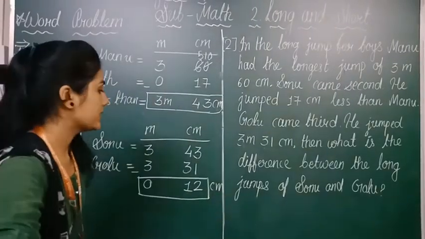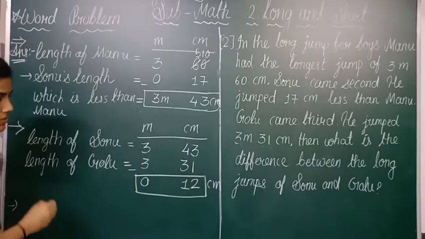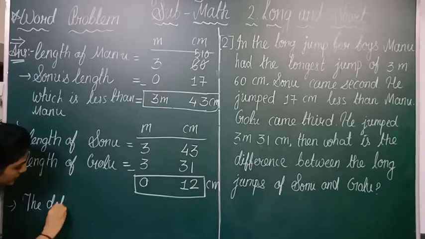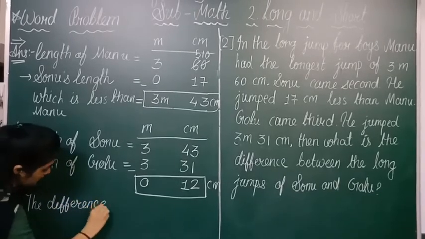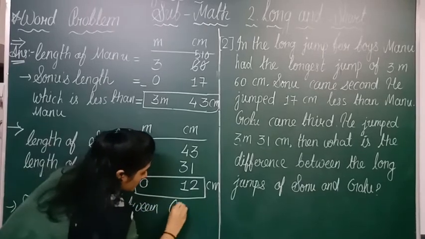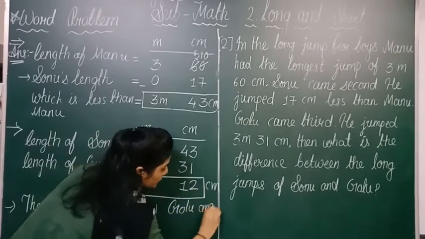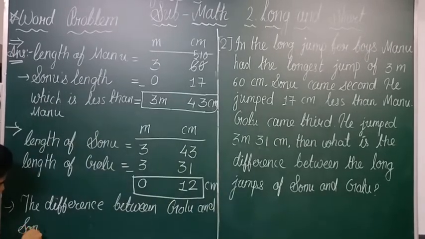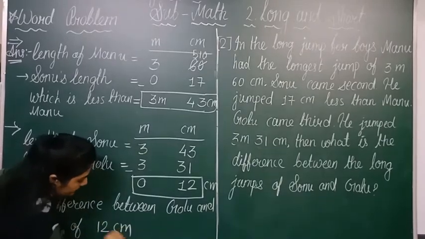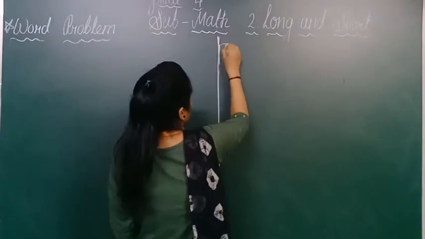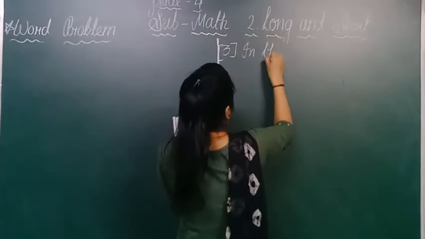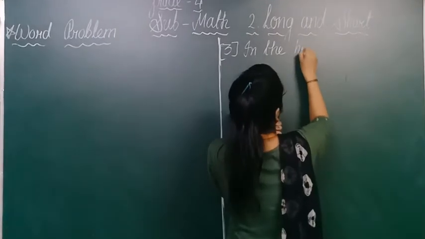So we can write this way, that the difference between Golu and Sonu is of 12 centimeter.